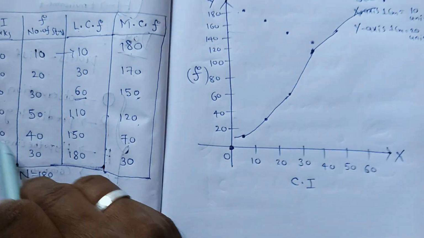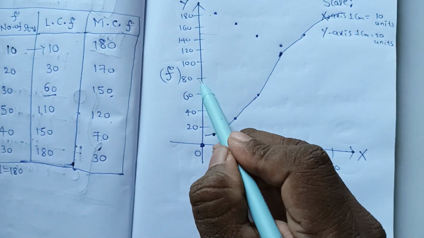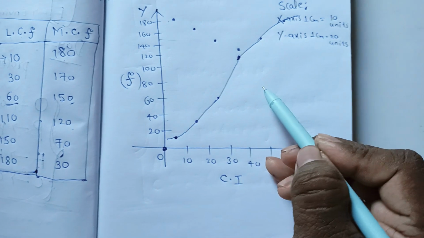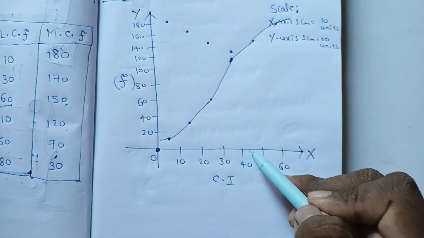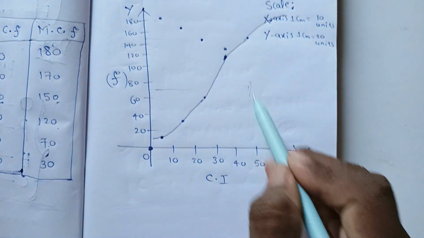Next, 40 to 50, you have the value 70, which is over here.